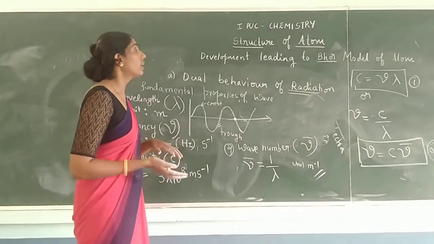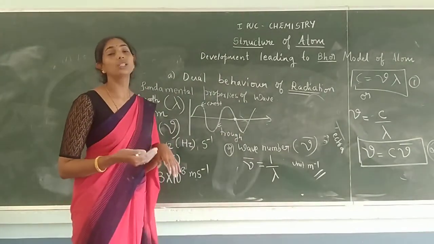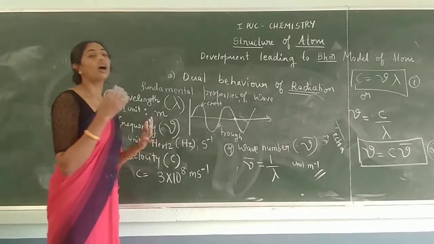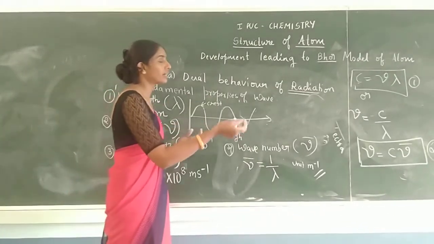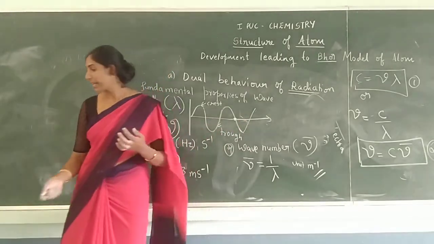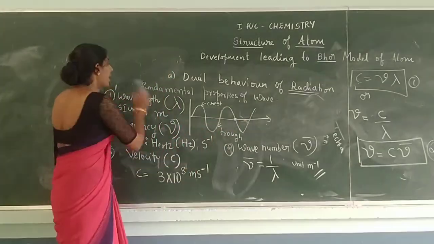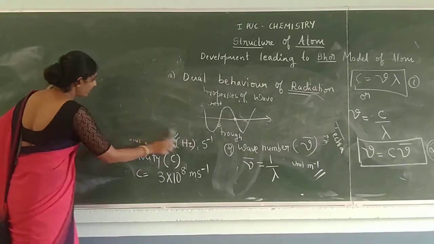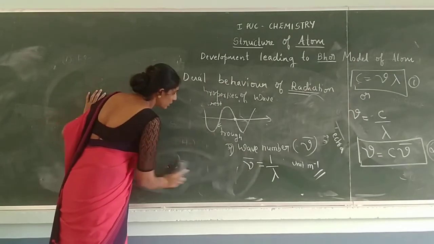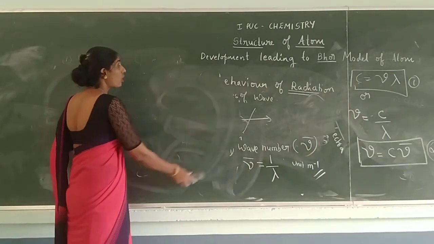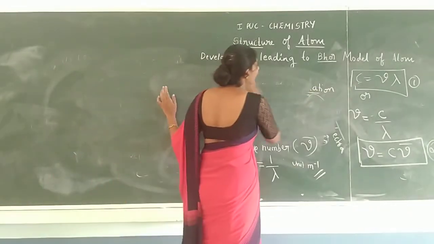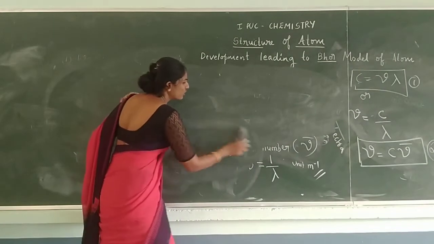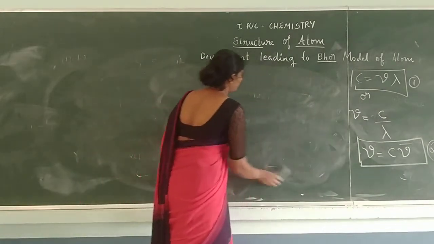We know that different radiations are arranged based on their frequency or their wavelength, which is usually called as what? Electromagnetic spectrum. What is electromagnetic spectrum? Arrangement of the electromagnetic radiations in the increasing order of their frequency or wavelength is called as what? Electromagnetic spectrum.